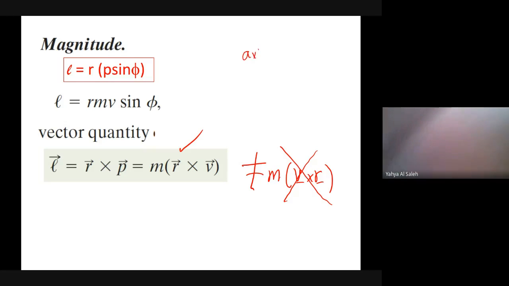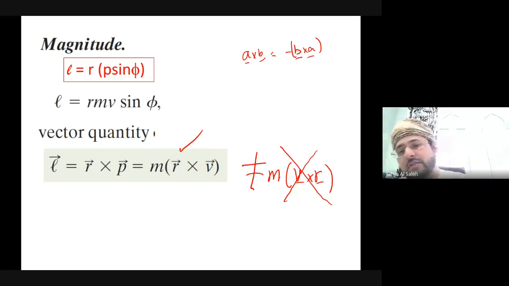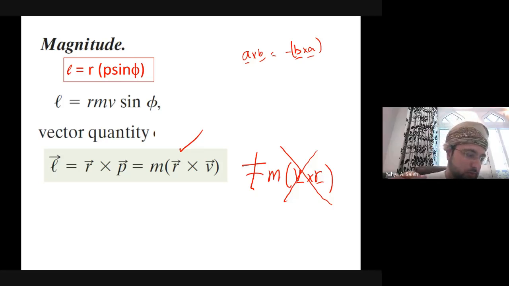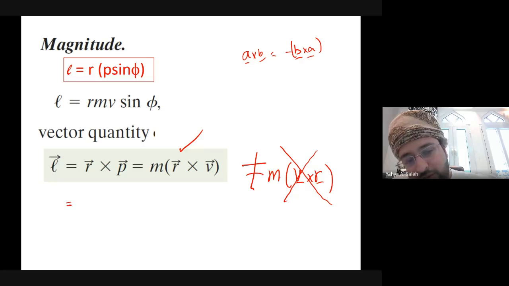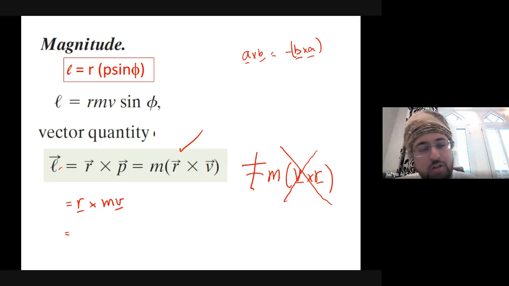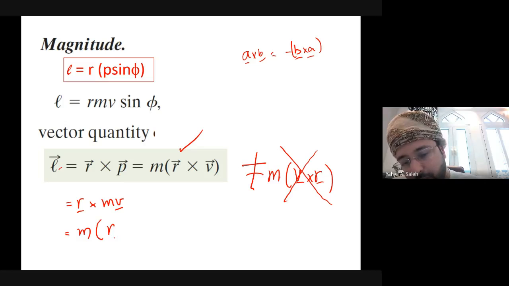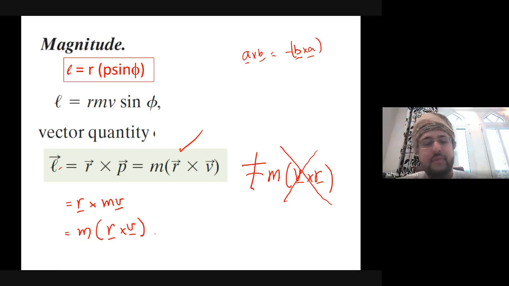Remember, A cross B equals minus B cross A. So you'll have a sign problem if you try to put it the other way around. P is momentum, translational momentum, just MV. So what actually happens is you have R cross MV. Now, since M is simply a constant, we take the M out, and we end up with R cross V.